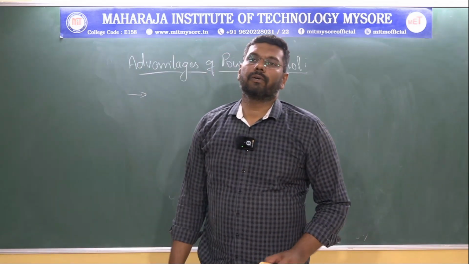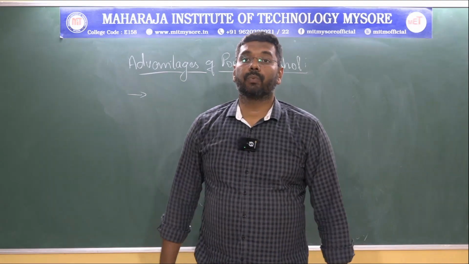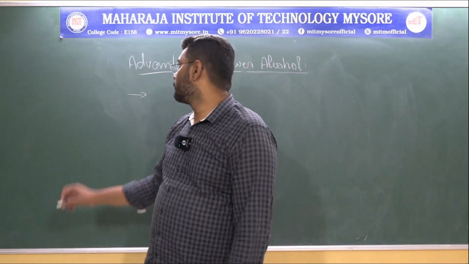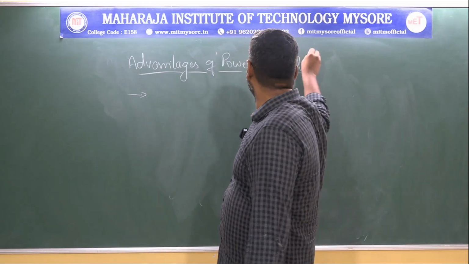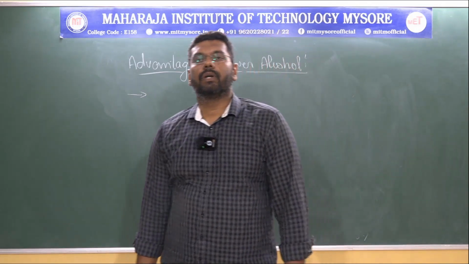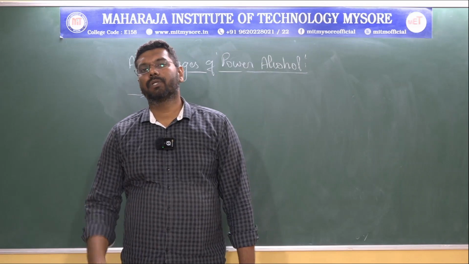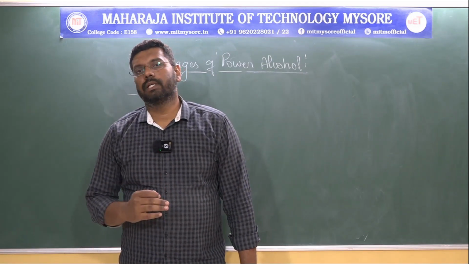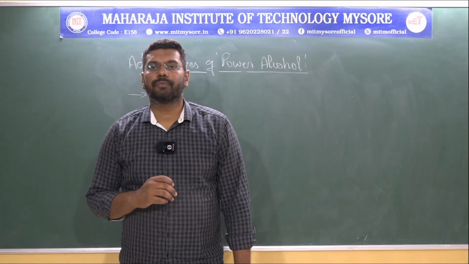When ethyl alcohol is blended or mixed with petrol, the product obtained is called power alcohol, and gradually, as ethyl alcohol is mixed with petrol, its octane number also increases. The higher the octane number, the greater the efficiency of the fuel.